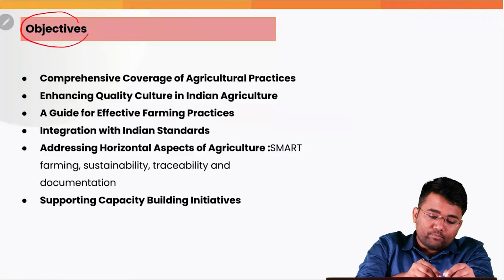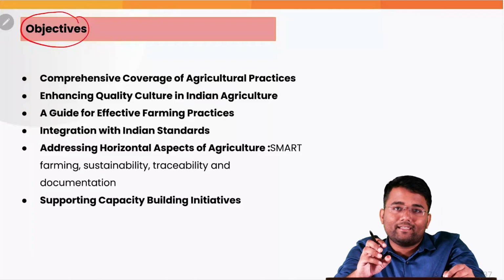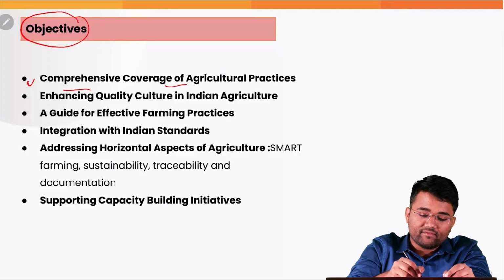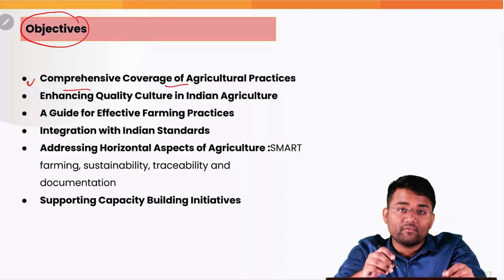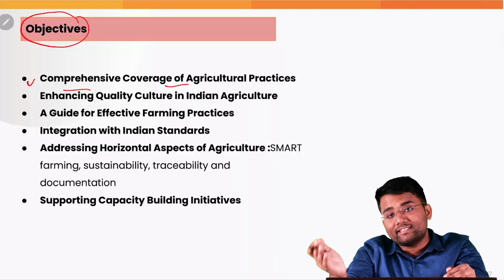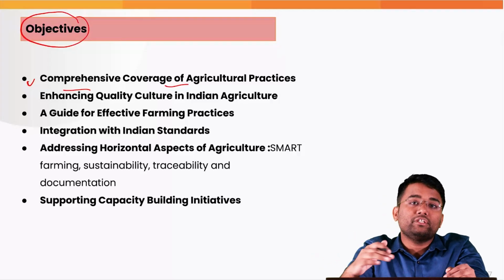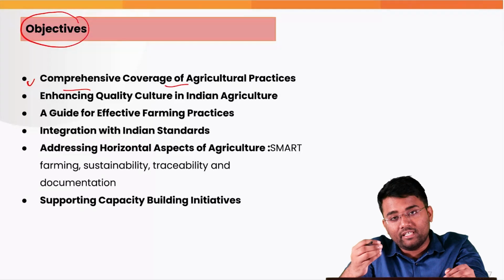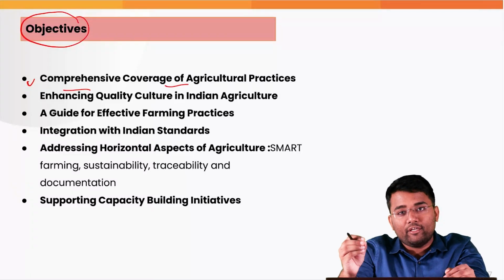Now, what are the objectives of developing this National Agriculture Code? As per the website of BIS, it will provide comprehensive coverage of agricultural practices, integrating both the traditional practices of the farmers as well as new age practices that can actually help in increasing the productivity and minimizing the use of inputs.